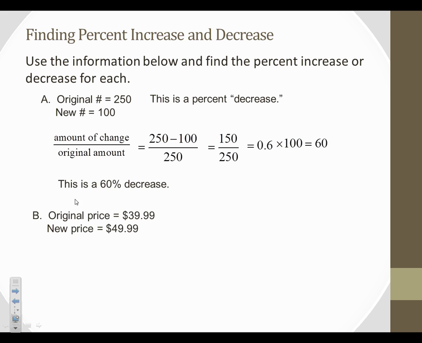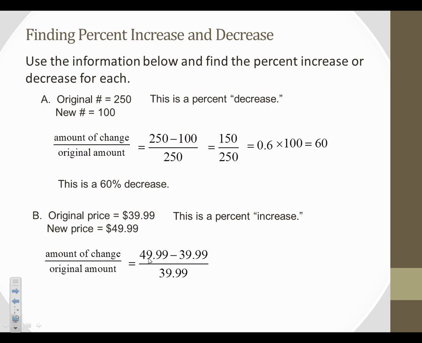If I have another one, the original price is $39.99. The new price is $49.99. So clearly you can see that the new is more than the original, so this is a percent increase. We're going to find the amount of change over the original amount. So I'm going to subtract, and it doesn't matter which one as long as you know that it's an increase or a decrease.